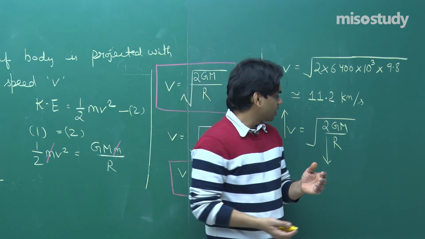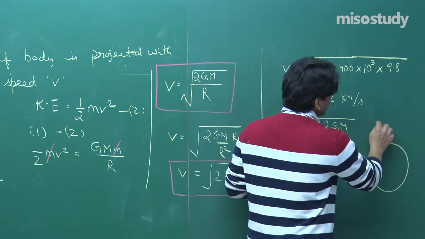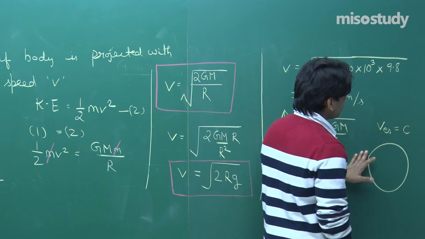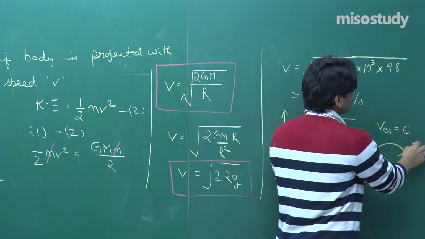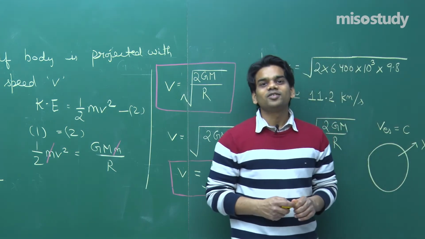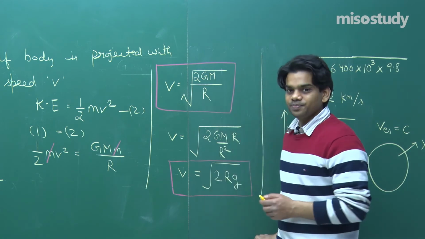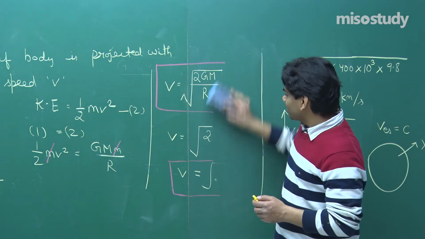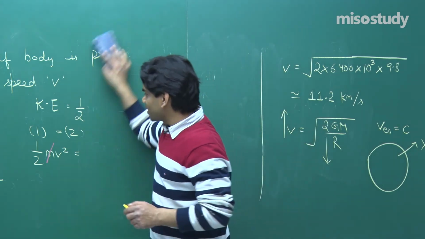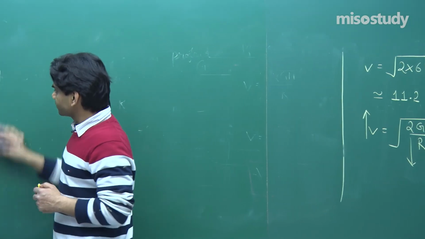That means if I take such a place where the escape velocity is equal to the velocity of light, from here even light will not be ejected. This place you cannot see. Such places are known as black holes. So let me write down one more term that I told you with the escape velocity, that is the black hole.